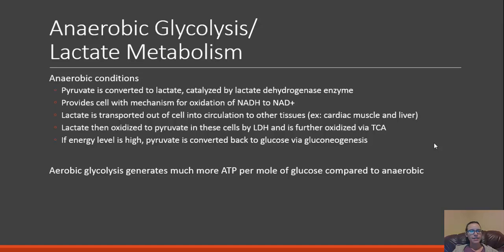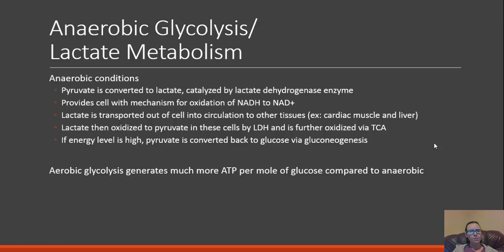When lactate is produced, it's transported out of the cell into circulation to other tissues that are oxidative and can undergo oxidative phosphorylation, such as cardiac muscle and the liver. In those tissues, it's oxidized to pyruvate by lactate dehydrogenase to be further oxidized via the TCA cycle.